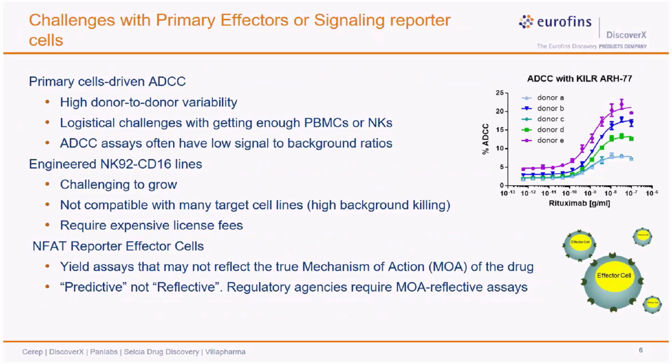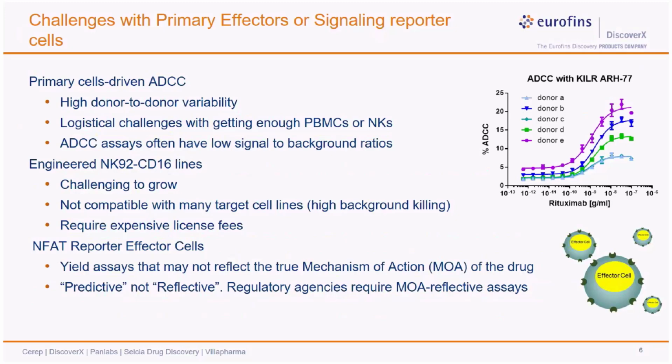So let's begin with reviewing some of the key challenges with the currently available effector cells. Mostly, it is primary cells that are used in ADCC assays as effector cells. These are mainly PBMCs or natural killer cells isolated from individual donors. But there are some big drawbacks to using these primary cells in cytotoxicity assays.